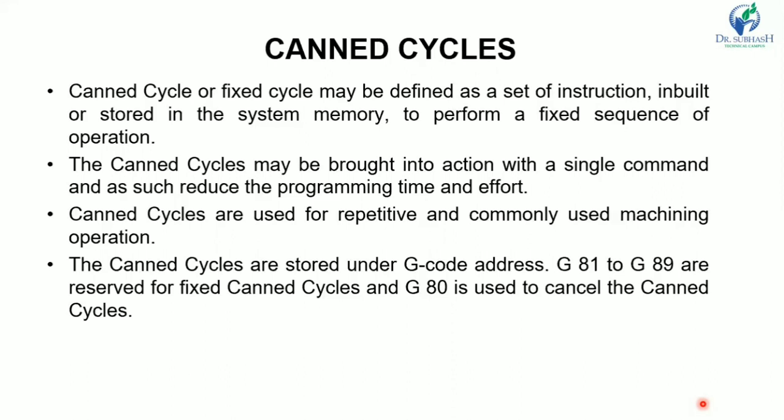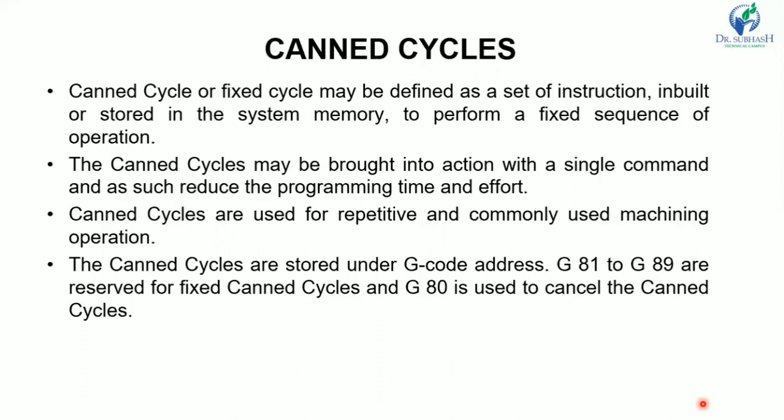These CAN cycles are used for repetitive and commonly used machining operations. The CAN cycles are stored under G code addresses, that is G81 to G89, reserved for fixed CAN cycles, and G80 is used to cancel the CAN cycle.